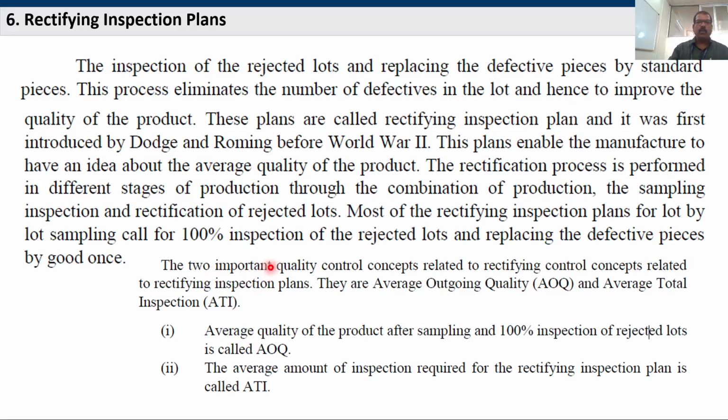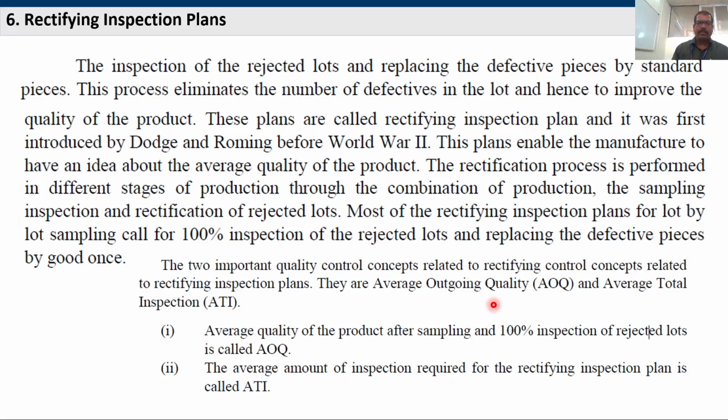The two important quality control concepts related to the rectifying inspection plan are average outgoing quality and average total inspection. For average outgoing quality, we need the incoming quality level.